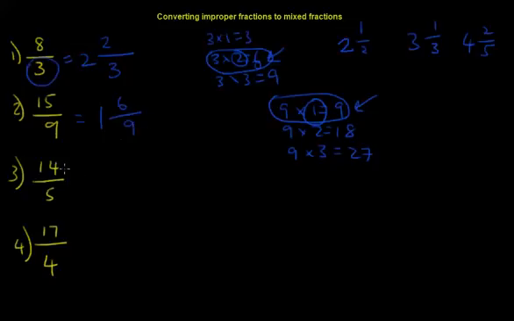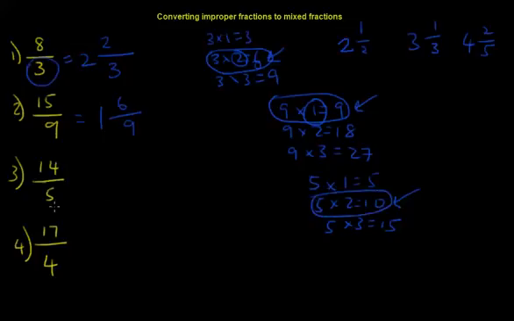Let's do another example. 14 over 5. How many 5s go into 14? Again, I'm going to illustrate it by writing out a few of the 5 times tables. 5 times 2 is 10. 5 times 3 is 15. We're looking for the number that's just below 14. In this case it's this one here, so we circle this one.